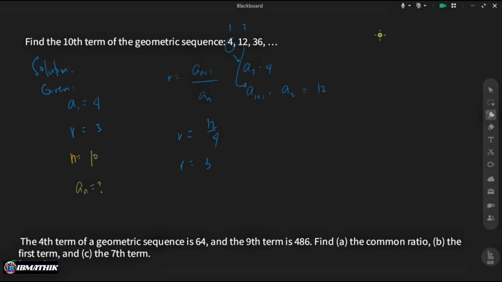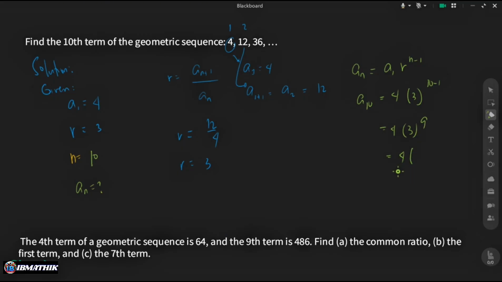So let's proceed with the formula. Again, the formula for geometric sequence. So this will become 10, 4 times 3, and minus 1, 4 times 3 raised to 9.